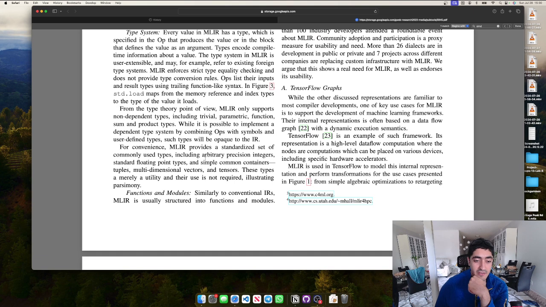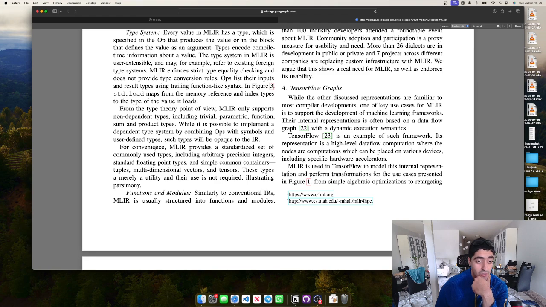For convenience, MLIR provides a standardized set of commonly used types, including arbitrary precision integers, standard floating point types, and simple common containers: tuples, multidimensional vectors, and tensors. These types are merely a utility and their use is not required, illustrating parsimony.